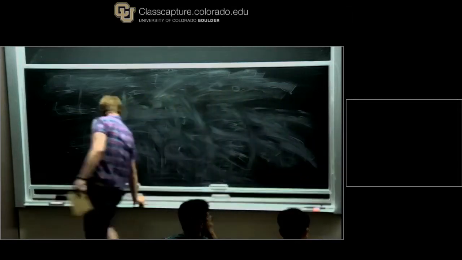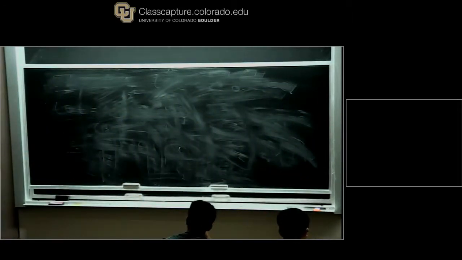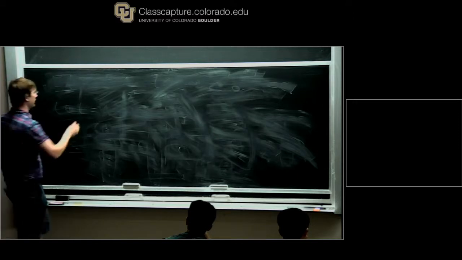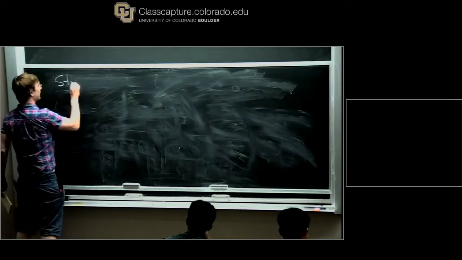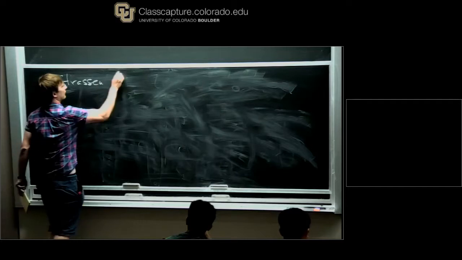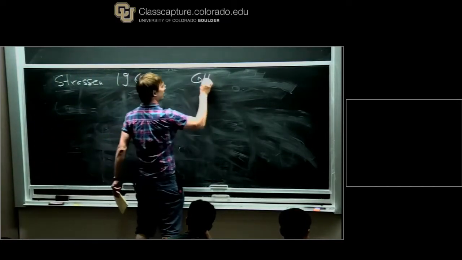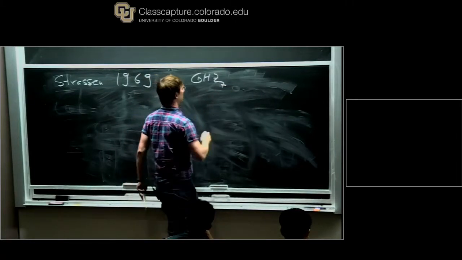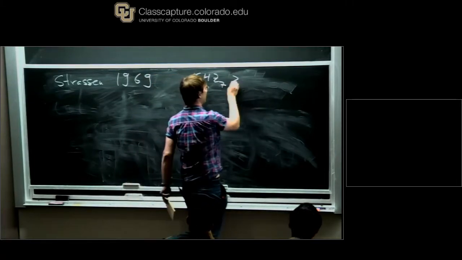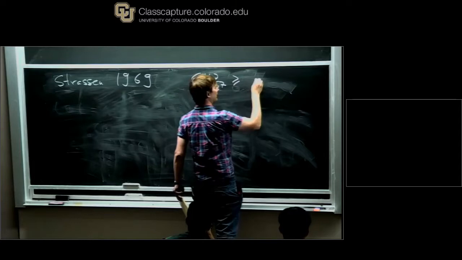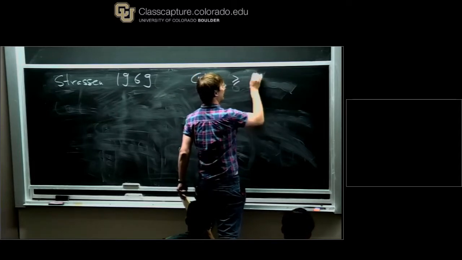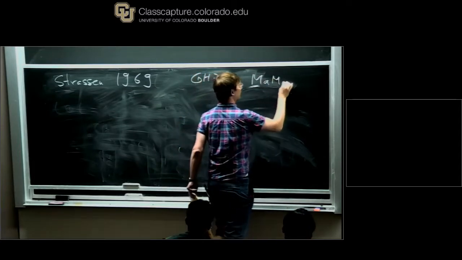But I don't want to spare you this beautiful insight. So Strassen, 1969, he showed that, of course, he used a different language. He didn't know about Greenberger, Horne, Zeilinger. They only came up later. He showed that this is bigger than MaMu.